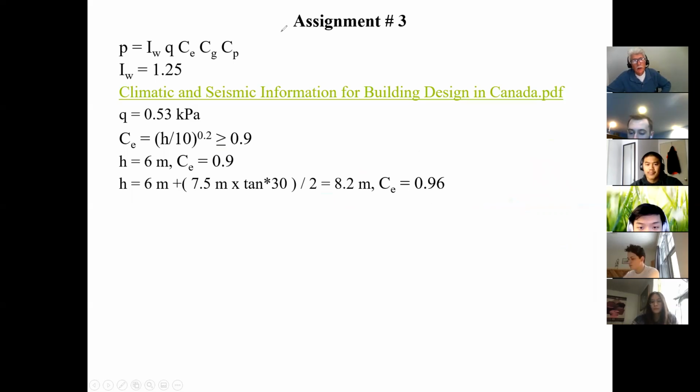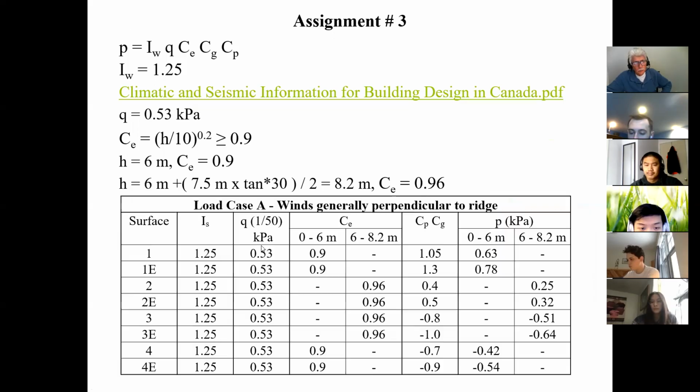So now, the best thing to do, as I said, is draw yourself a little table. In that table, I put the surfaces here that correspond in the order that I will go get them off the figure. I think it's I7, I forgot the number, in the figure that they gave you to go get the CpCg values.